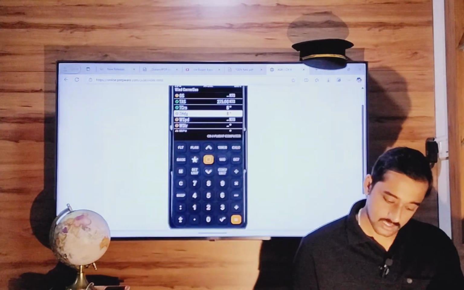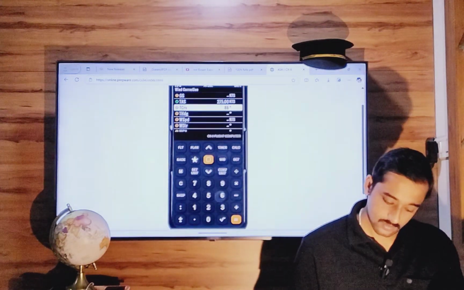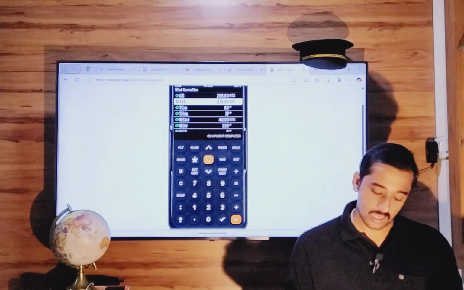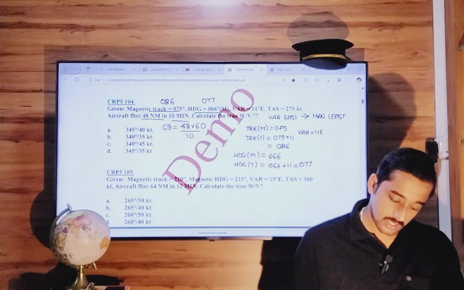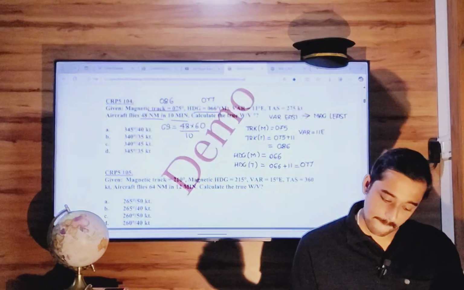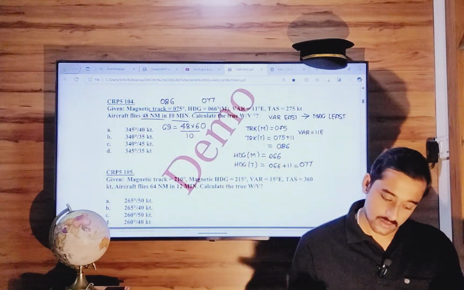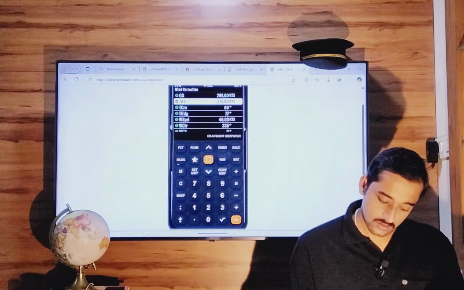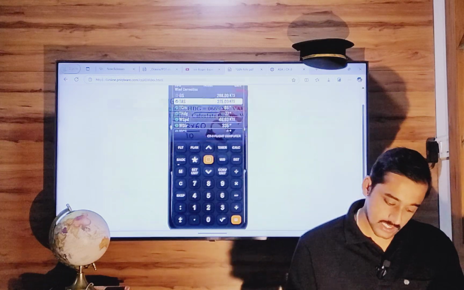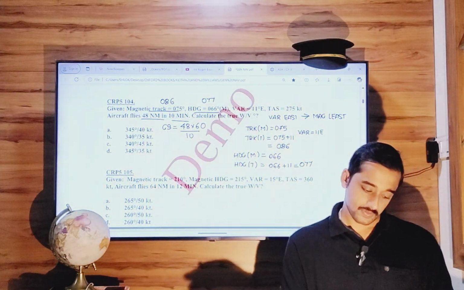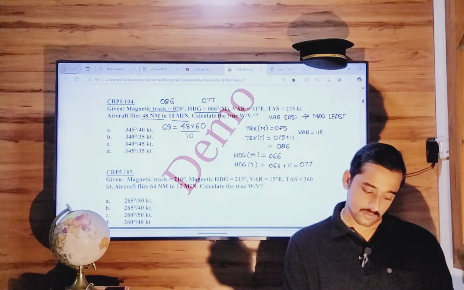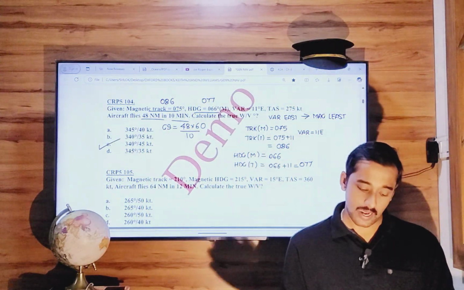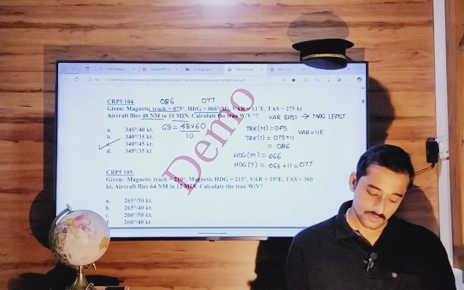So wind 335 at 46 knots. So the closest option here is option Charlie, 340 at 45 knots. Okay.